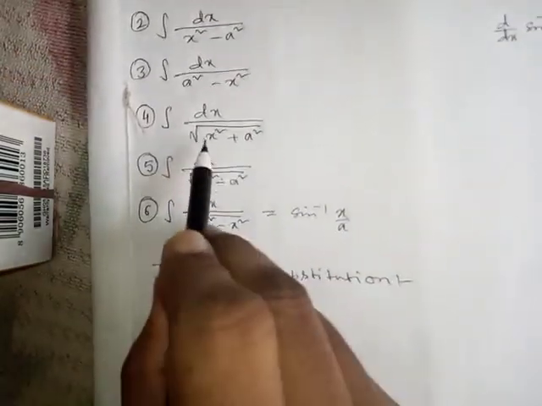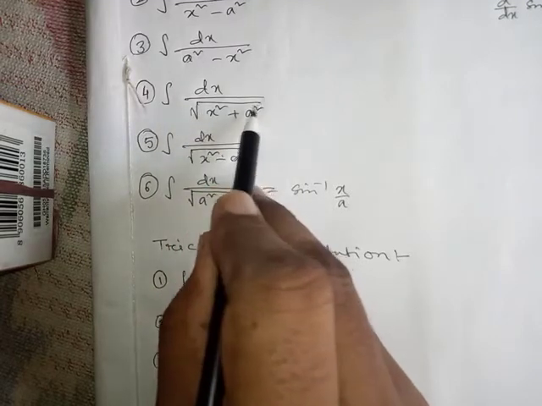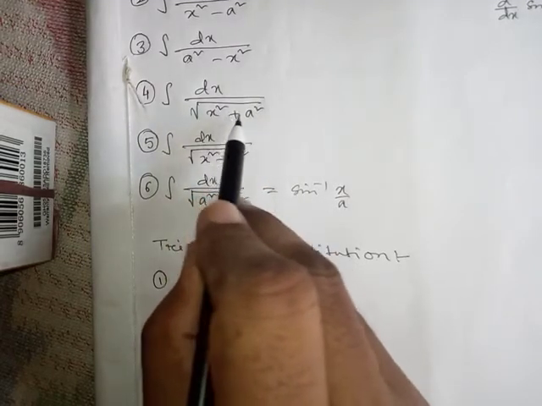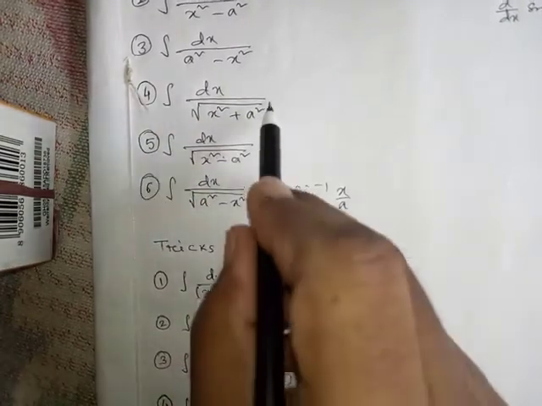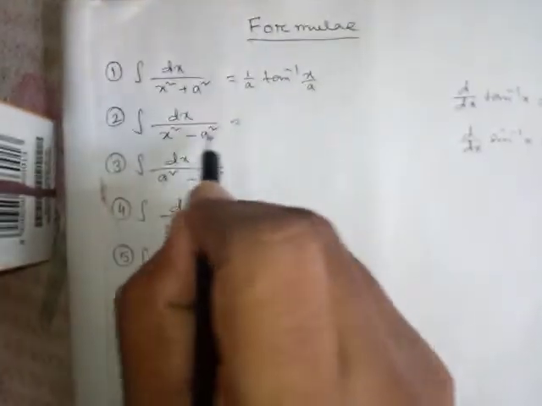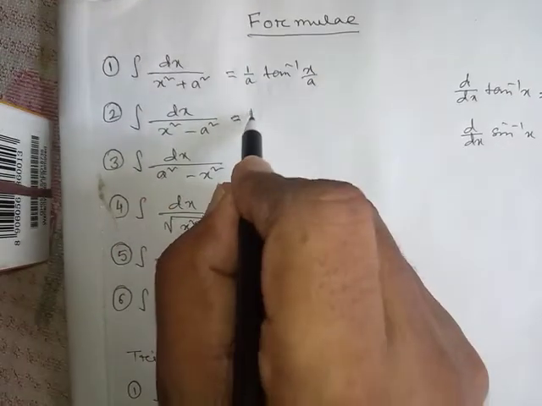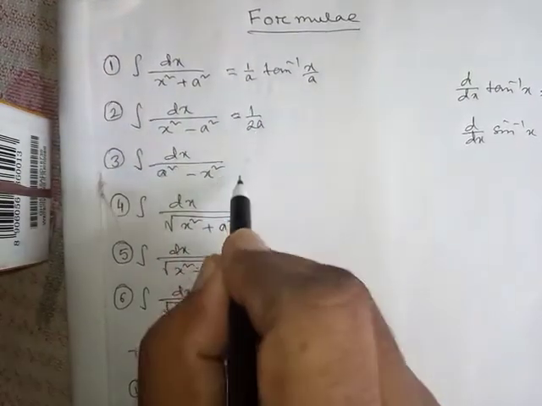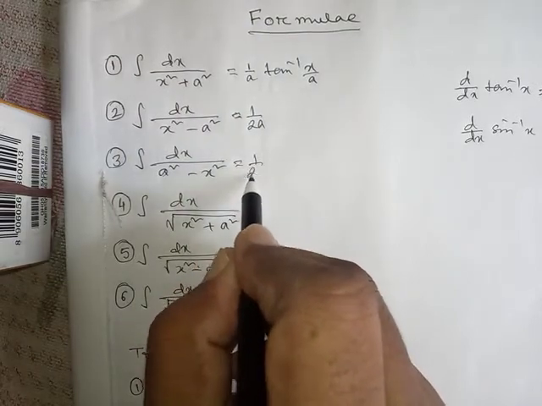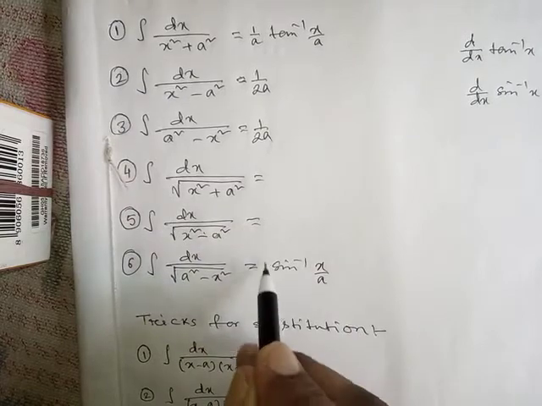Now one thing you have to remember: when the terms are within square root, they are tightly bound, so nothing will come out in front. Like here this is loosely fitted, that means there is no square root, so 1 by 2a, here also 1 by 2a, and here nothing will come out.